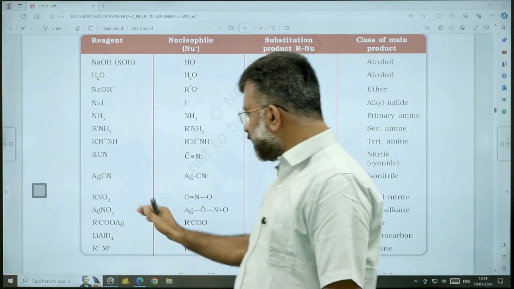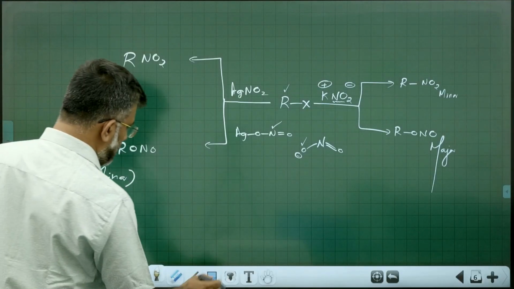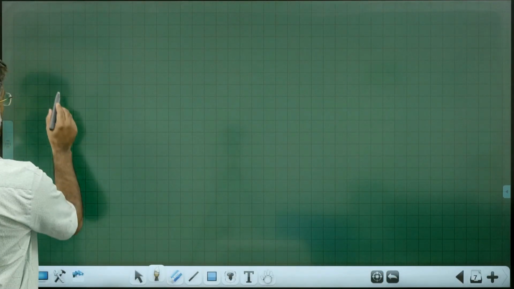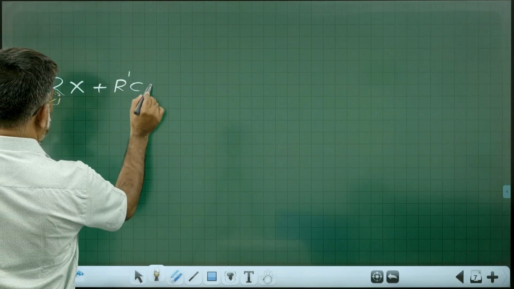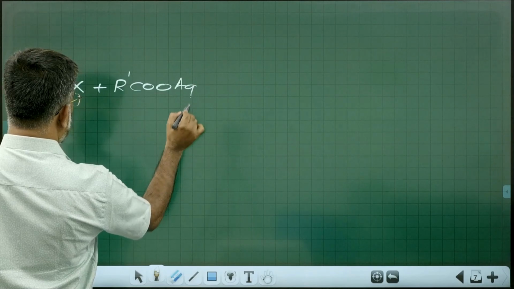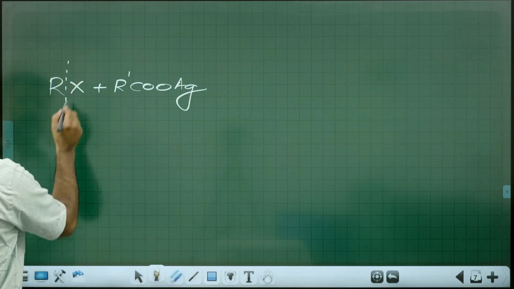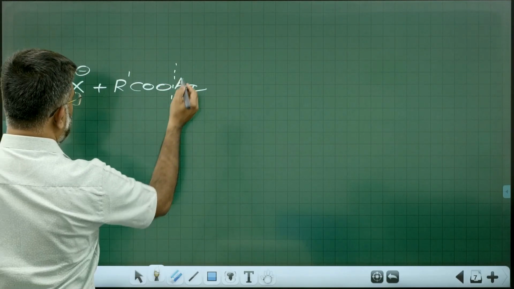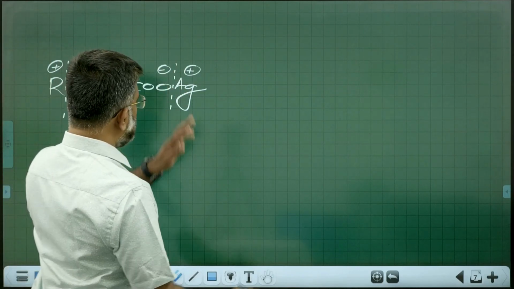Next is the silver salt of carboxylic acid. That is also a reaction given. Alkyl halide RX is treated with R-COOAg. Very simple to understand. It is already ionizing here into Ag plus and COO minus, with AgX leaving out.